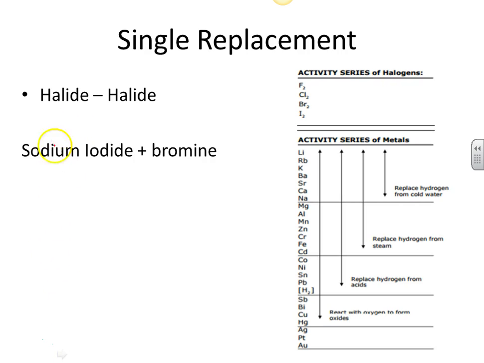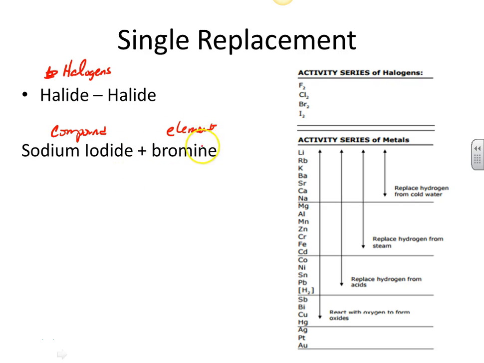All right, and our last type of single replacement reaction is the halide-halide. This refers to halogens. Okay, so in this case we've got sodium iodide, which is a compound, plus bromine, which is an element. So we've got element and compound reacting.